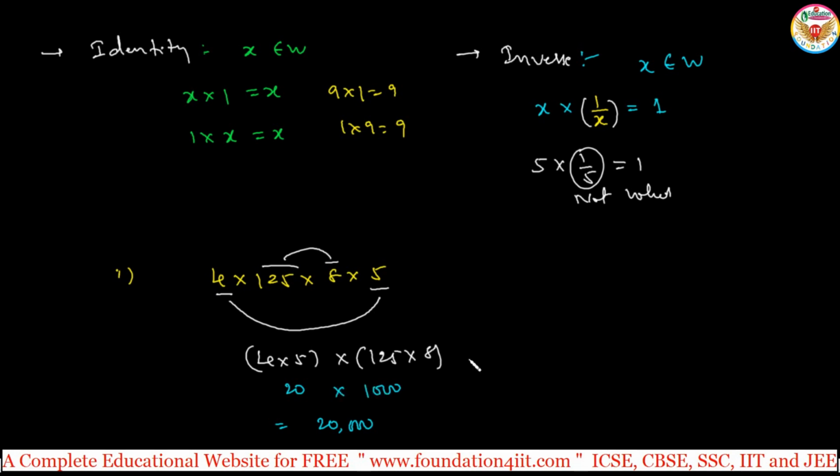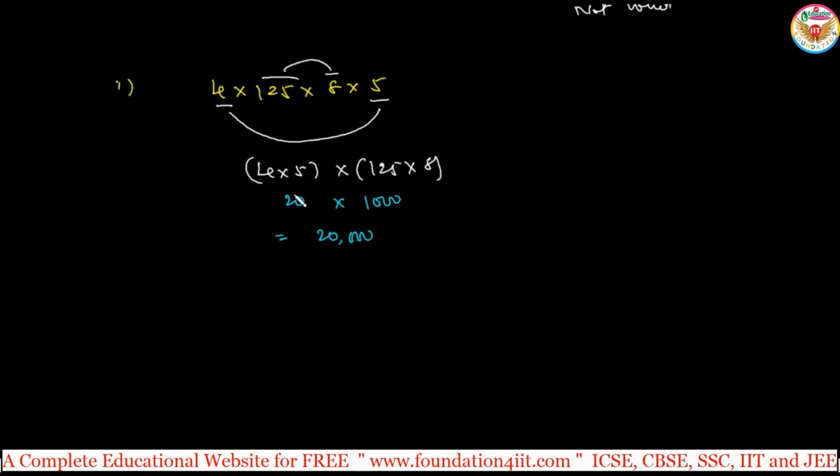And using the properties, if you want to evaluate, one question. Using the properties, commutative, associative, identity, evaluate. The question is 497 into 351 into 10 minus 251 into 4970. Now in this question, first of all, using commutative.